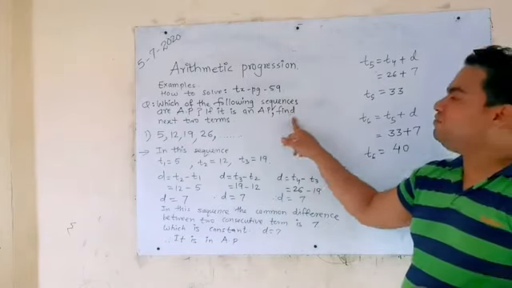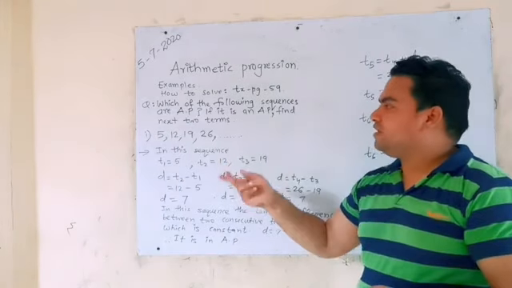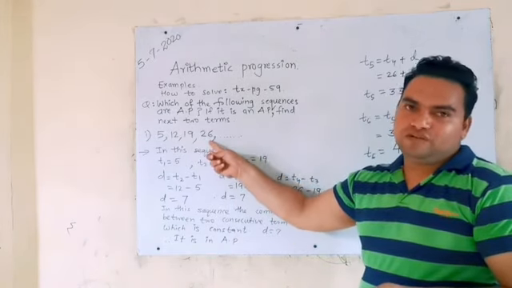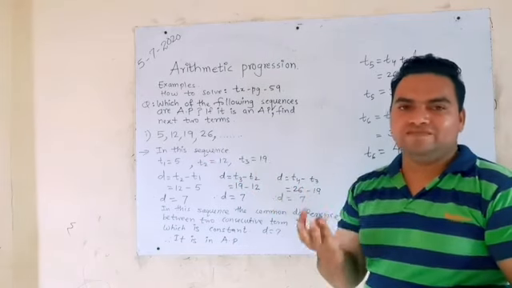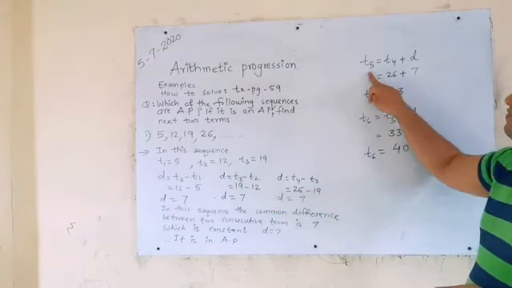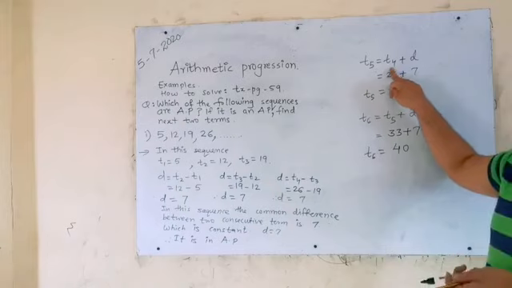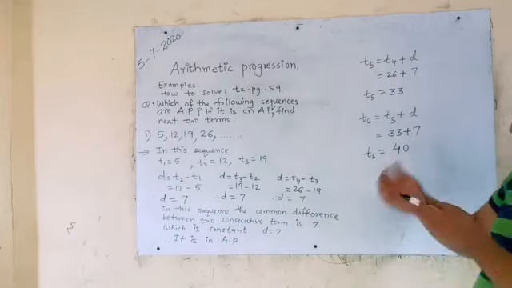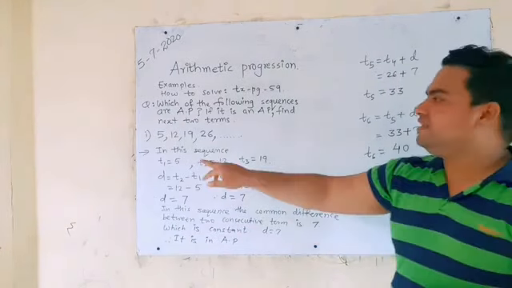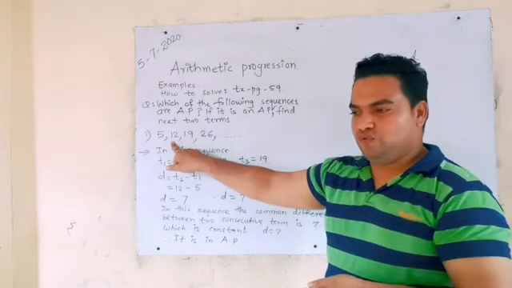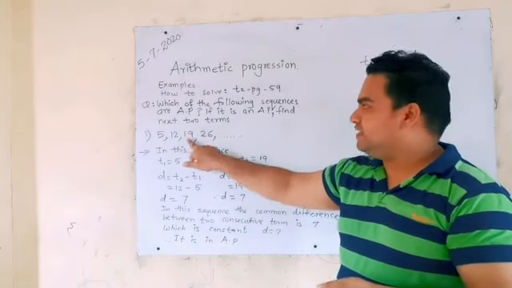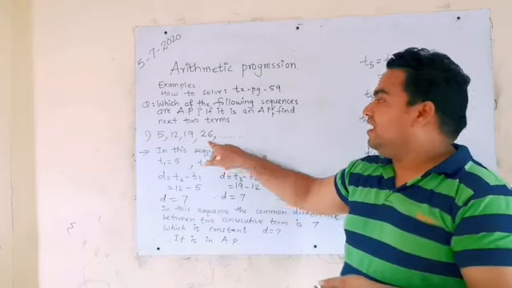But further you have to find the next two terms. You know the T4 term, you have to find T5 and T6. For T5, you add the difference to the last term, T4, as we can see here: 5 plus 7 is 12, 12 plus 7 is 19, 19 plus 7 is 26, like that.